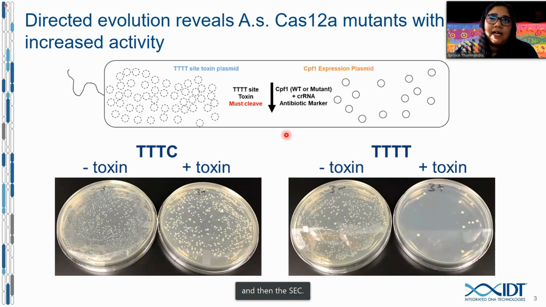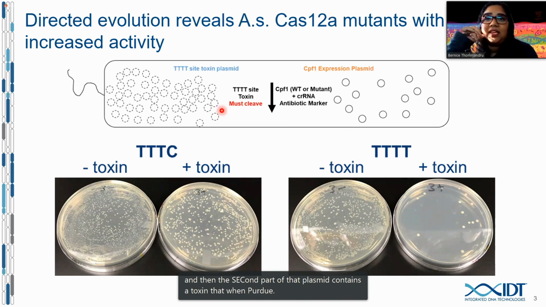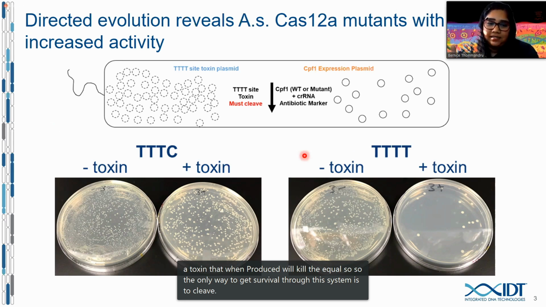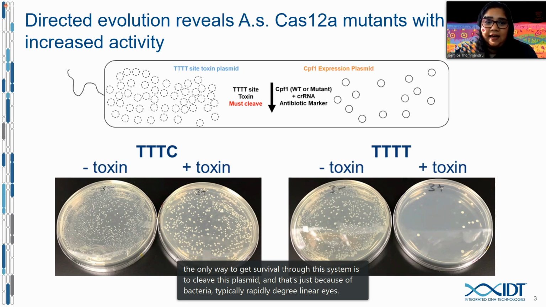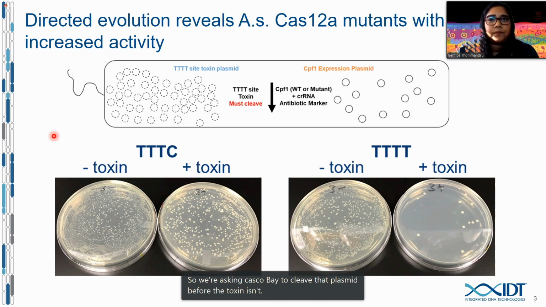And then the second part of that plasmid contains a toxin that when produced will kill the E. coli cell. So the only way to get survival through this system is to cleave this plasmid. And that's just because bacteria typically rapidly degrade linearized DNA. So we're asking Cas12a to cleave that plasmid before the toxin is induced.